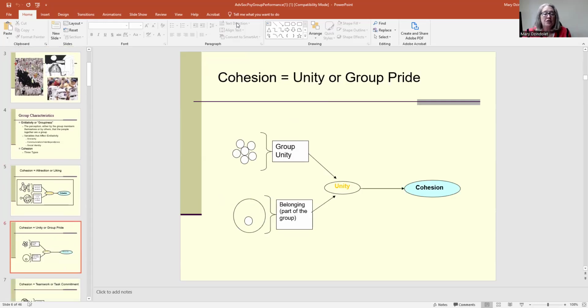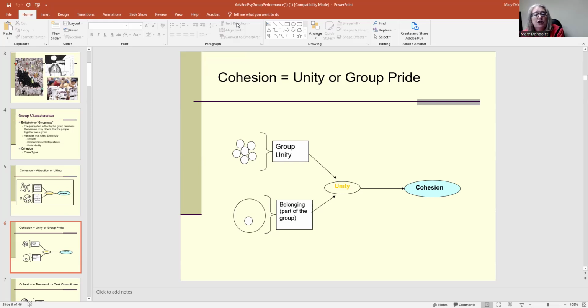Another different kind of cohesion is unity or group pride, okay? How much does the group all feel like they're really close to one another? How much does the group sort of share this oneness feel? The more they feel this oneness, the higher their unity, and the more cohesive they're going to be.